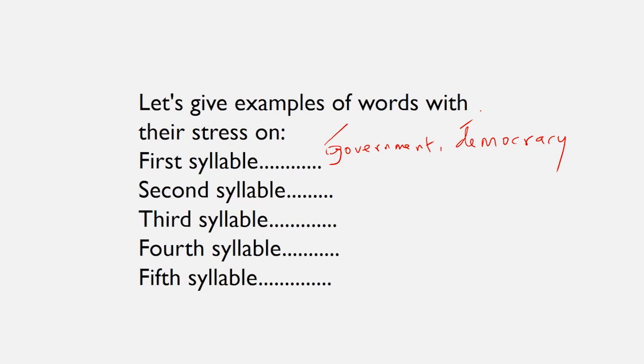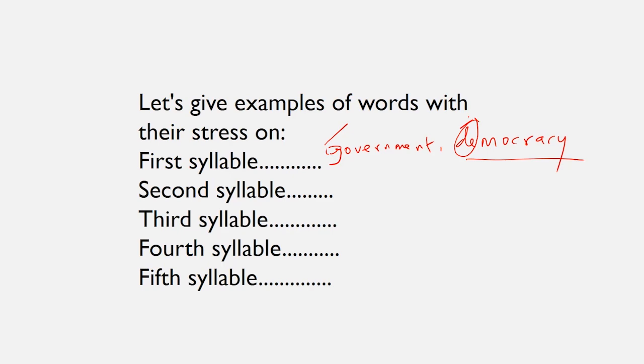Note that if you see this word in exam, the stress is not on the second syllable. By saying demo, it is on the first syllable. Take note. So we are looking at giving examples of words that could be on the first syllable. We have seen government, democracy, and several other examples. There are more. Okay? Plenty of examples.